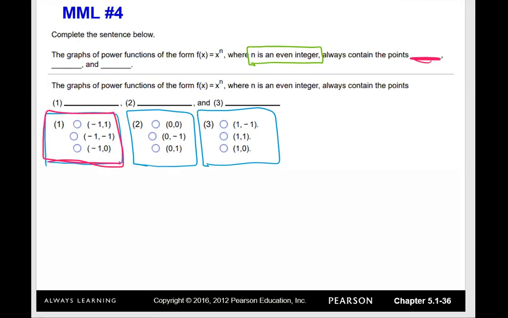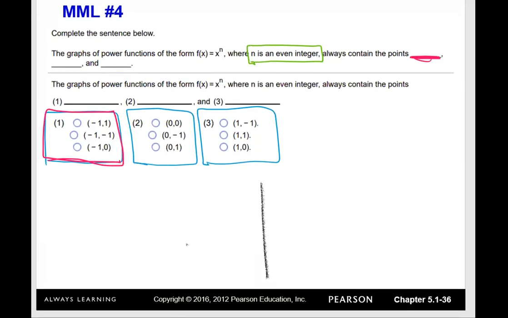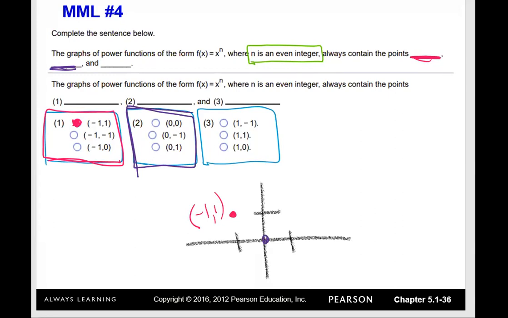One of the points, if it's even, remember if it's even, the first point would be right here, and that is (-1, 1). So I would click on this. The second point is this drop-down box, and that was (0, 0).